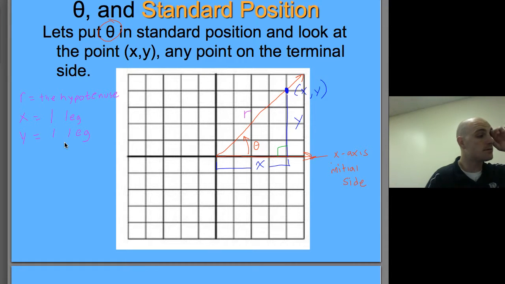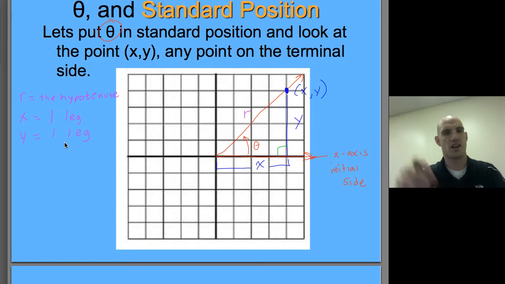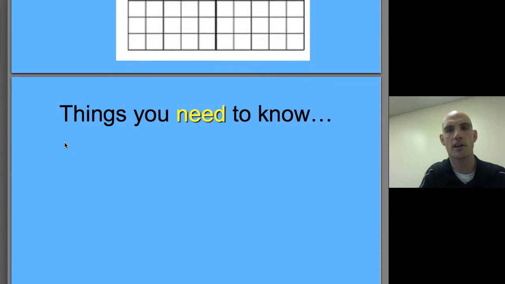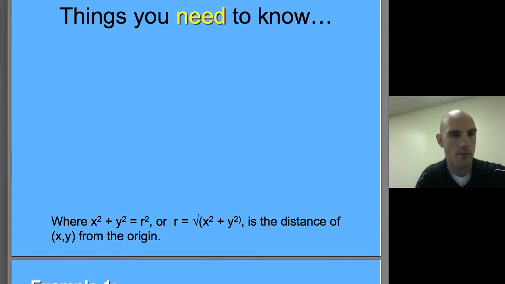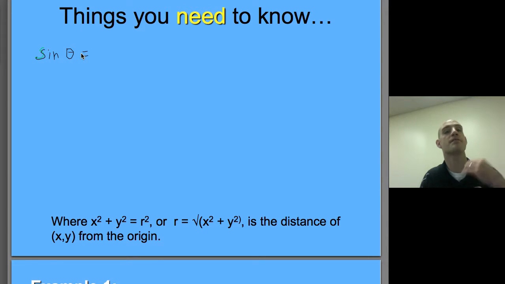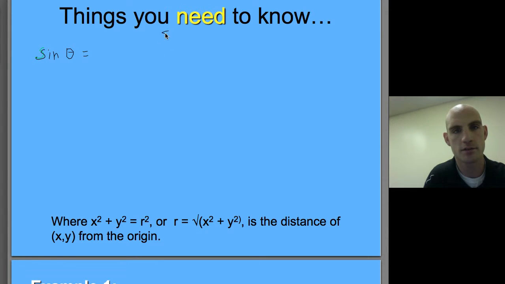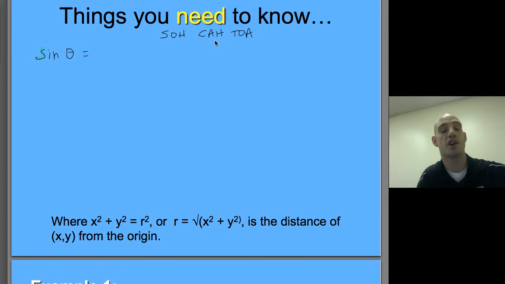And if we look at this from a mathematical standpoint, when we get down here, we can start making some ratios with this. Let's talk about the trig functions. Let's talk about the sine of theta. The sine of theta, we remember, if we have an acronym here, SOHCAHTOA, sine of theta is opposite over hypotenuse.